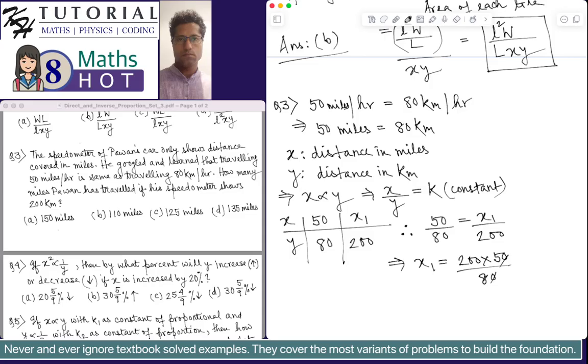Cancelling 8 with 200 gives 25, so this is equal to 125 miles. So we can say that 200 kilometer is equal to 125 miles.